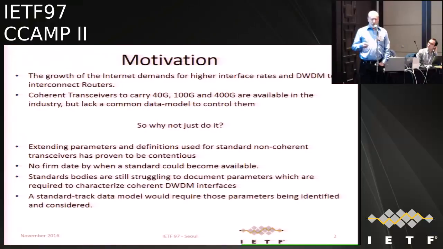Unfortunately, in parallel, there's also no firm date from such SDOs by when they think a standard could be available. Number three, they're still struggling with some basic parameters in terms of definition and to characterize those parameters to achieve an interoperable data plane interface.